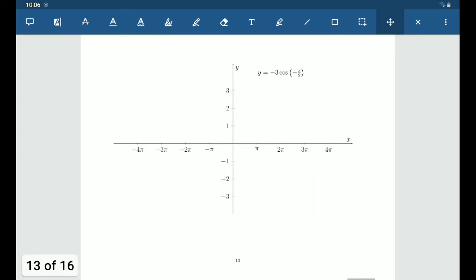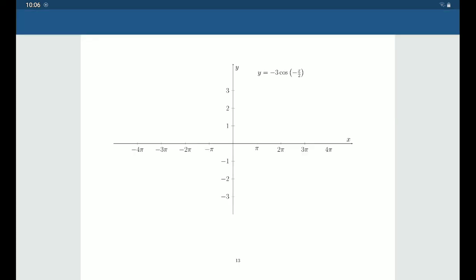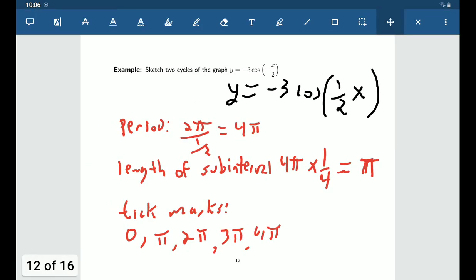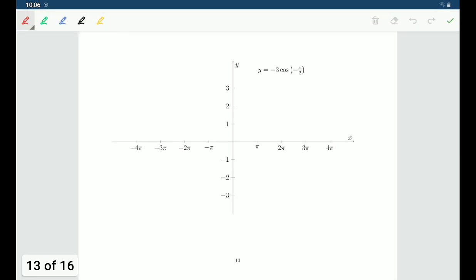The only last thing for us to remember here is that the key points for the cosine function start at a, down to 0, down to negative a, back to 0, back to a, where a is whatever the number is in front of our cosine function. For our cosine function, the number in front was negative 3. So we will start at a, which is negative 3.